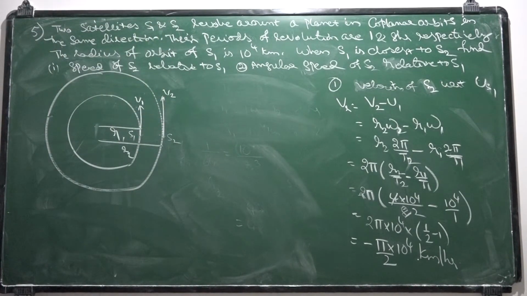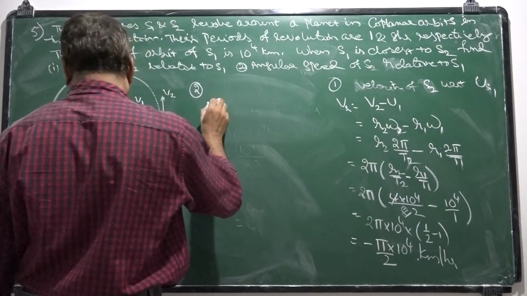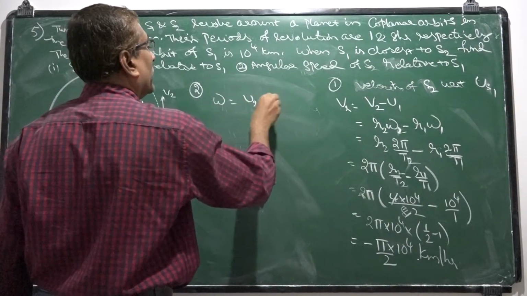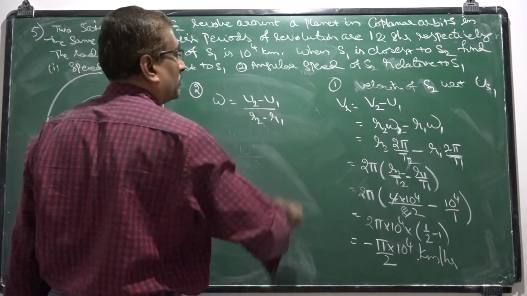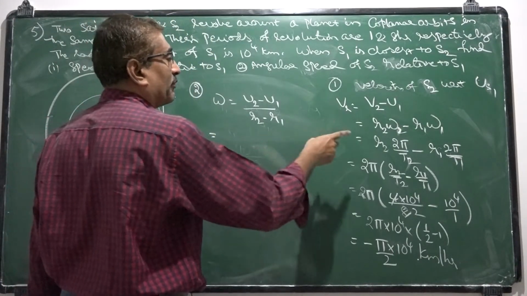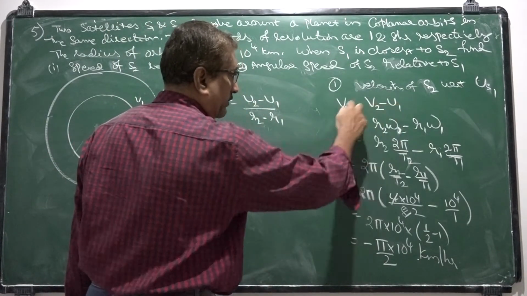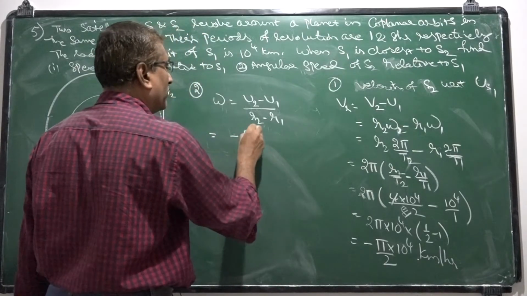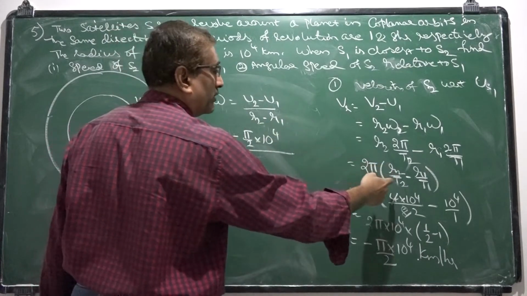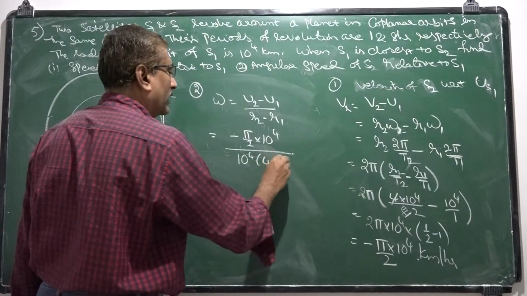Second one, relative angular speed. Relative angular speed is given by omega is equal to V2 minus V1 by R2 minus R1. V2 minus V1 is this one only, minus pi by 2, 10 to the power 4, divided by R2 minus R1, which is 10 to the power 4 into 4 minus 1.